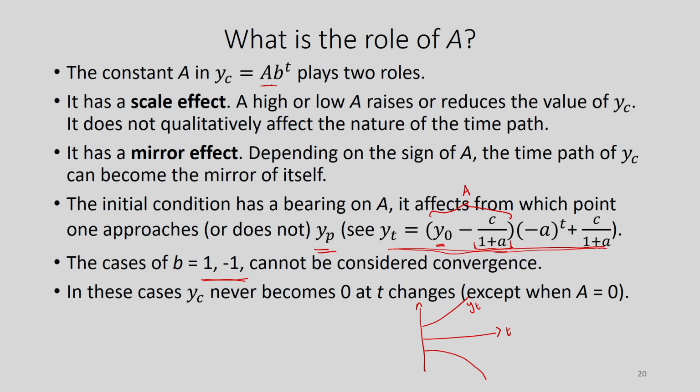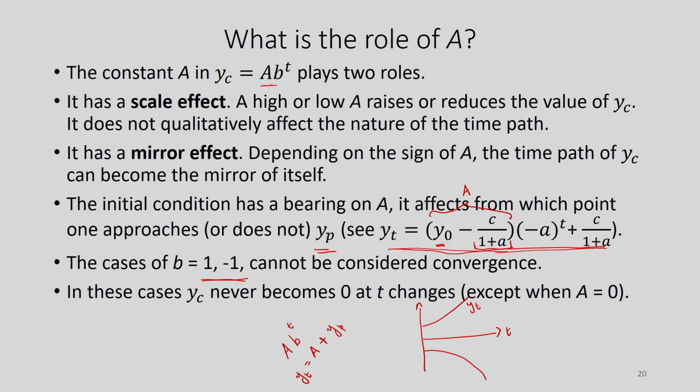If b is just equal to 1, then what happens to A b to the power t? It is equal to just A, because 1 to the power t is 1. So, A plus the particular integral, which is y p, is my solution.